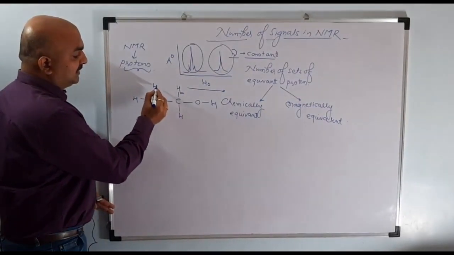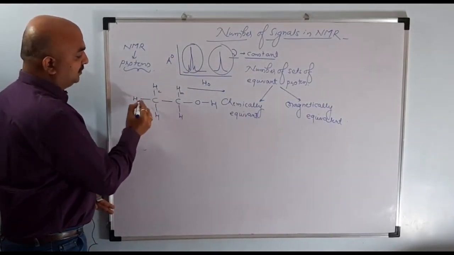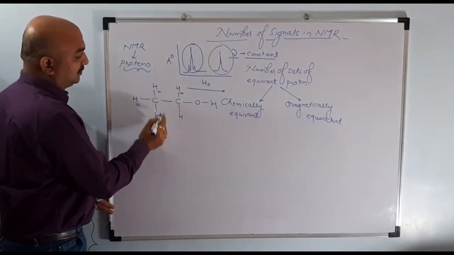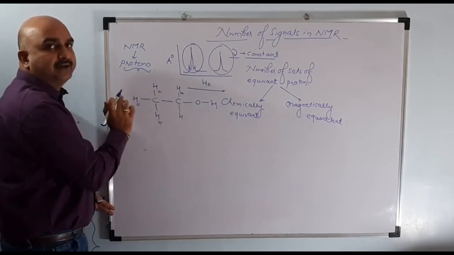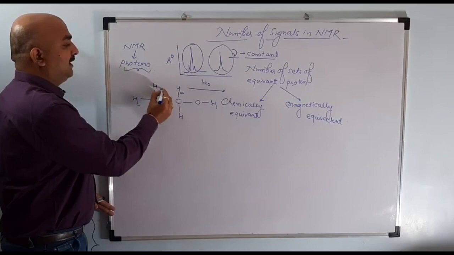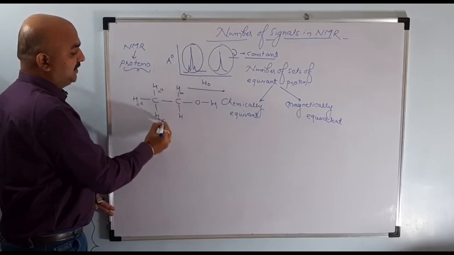See the chemical environment, this proton and this proton, these three protons are having the same chemical environment. So I'll write it as HA, HA and HA.